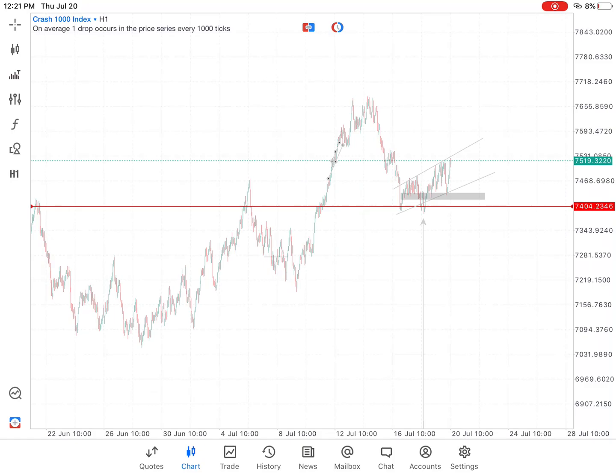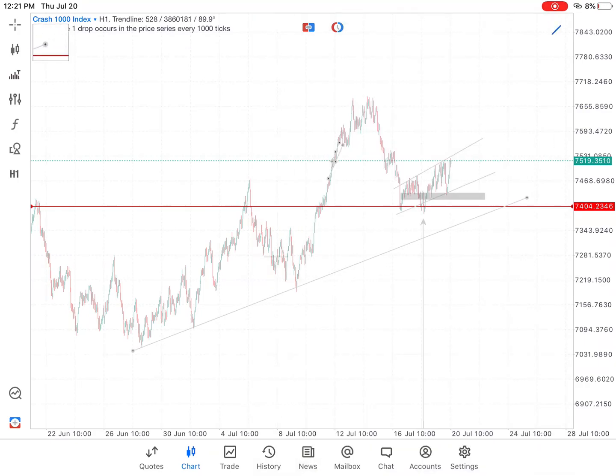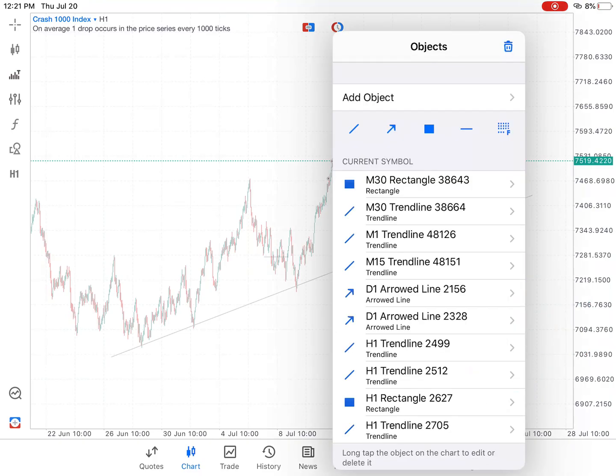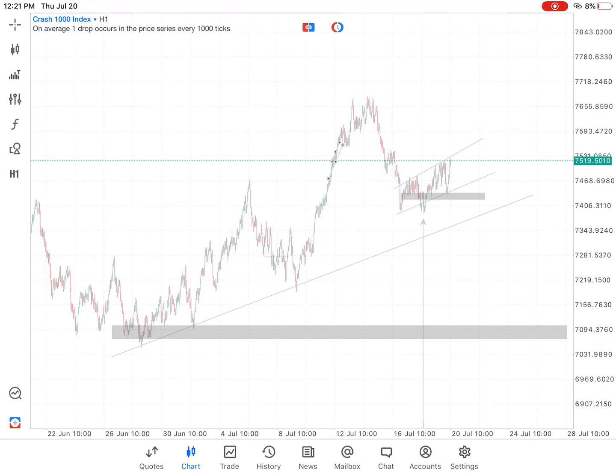Just to go back a bit, we can see that we have a major trend line at this particular point. This trend line is also acting as what? As our confirmation trend line.